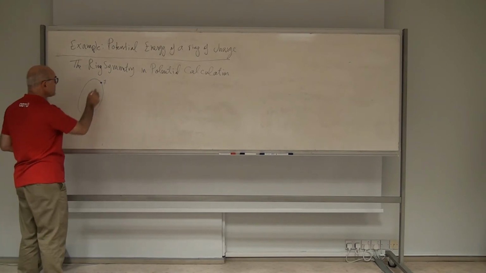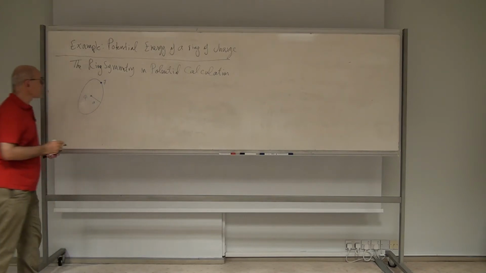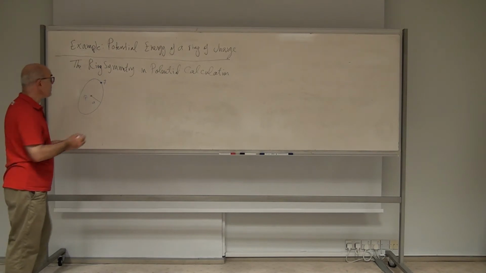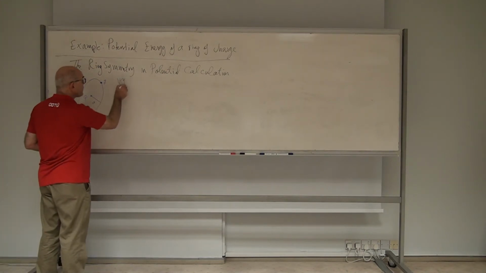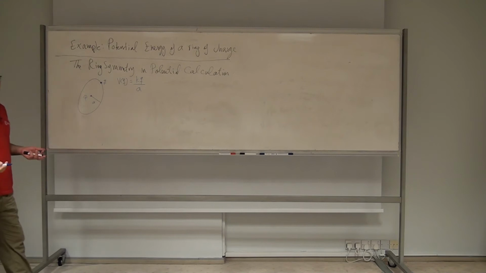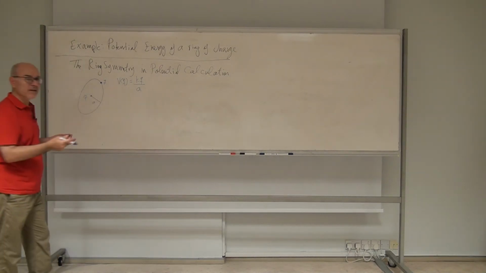Okay. Now, what is the potential of this charge at the center, which we call in this case point P? What is the electric potential of this Q at this point P? Well, V of Q in this case is equal to KQ over A, where A is the radius of the ring.